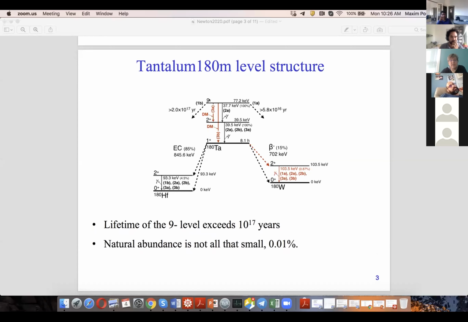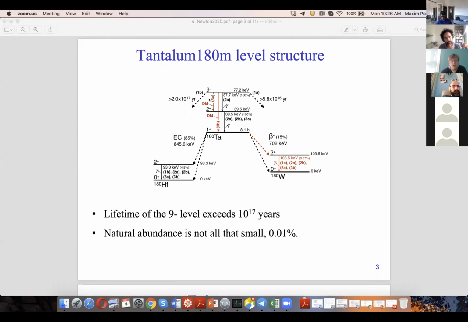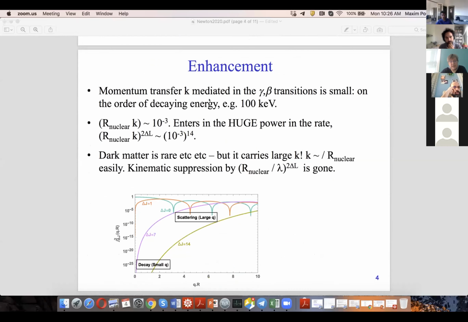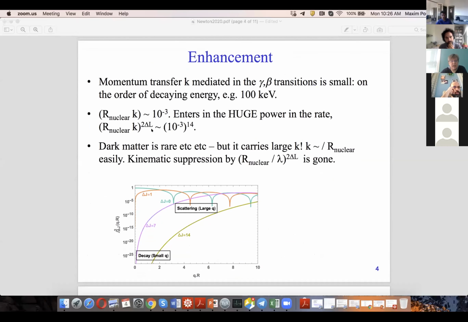This 9- state in tantalum lives long, and people actually, like I said, find it an interesting state from the point of view of nuclear physics. They spend a lot of time trying to see how it decays. This is basically the argument that in the standard case, standard gamma beta decay, you have a large momentum transfer.